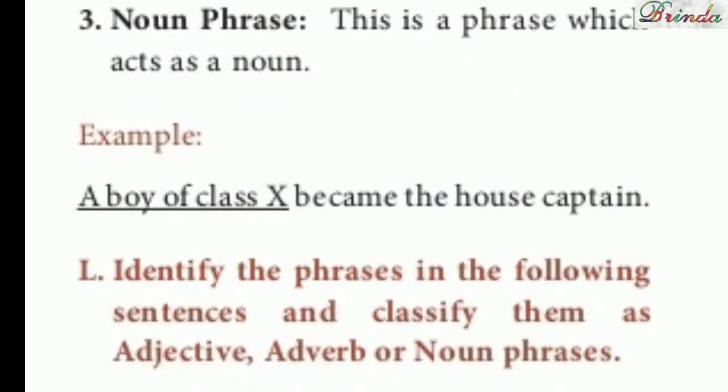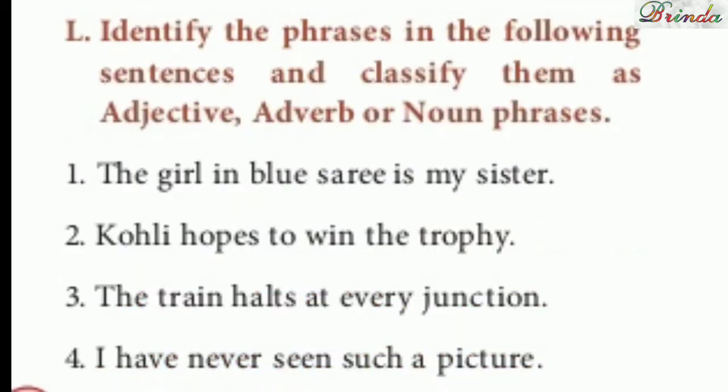Third one, noun phrase. This is a phrase which acts as a noun. Example 1. A boy of class 10 became the house captain. Okay, now next section we will do L section. Identify the phrase in the following sentences and classify them as adjective, adverb or noun phrase. Shall we do?